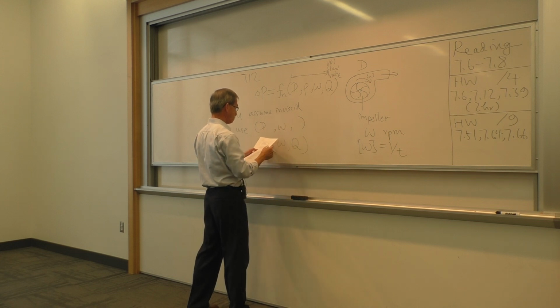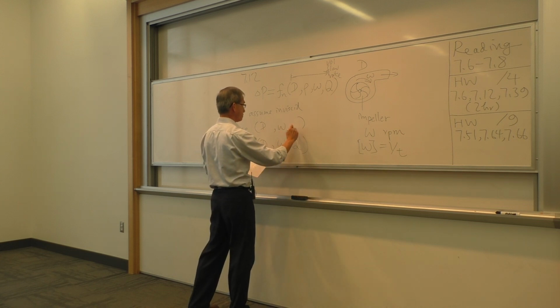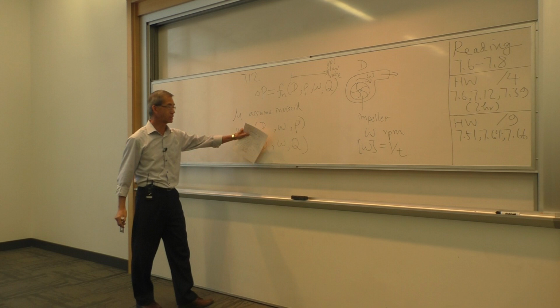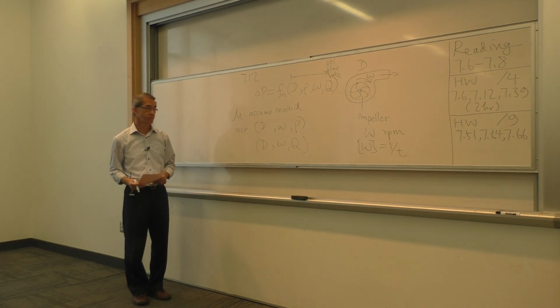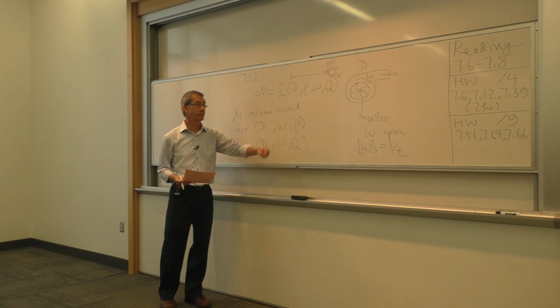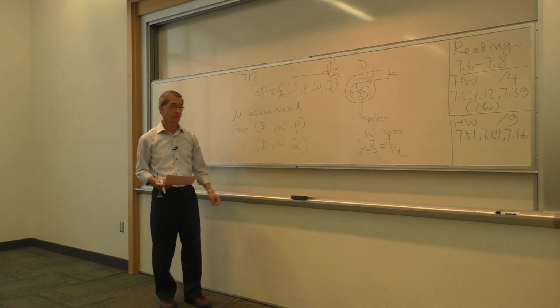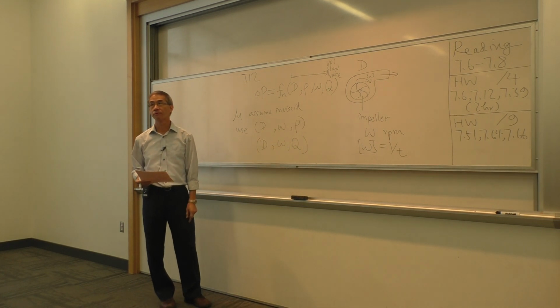In both cases, I choose the diameter and the RPM. Choice 1, I pick the density. Choice 2, I pick the volume flow rate. One of them is acceptable, the other one is not.